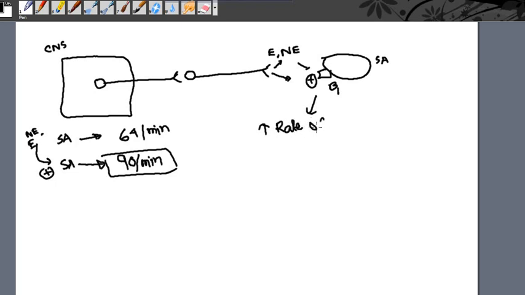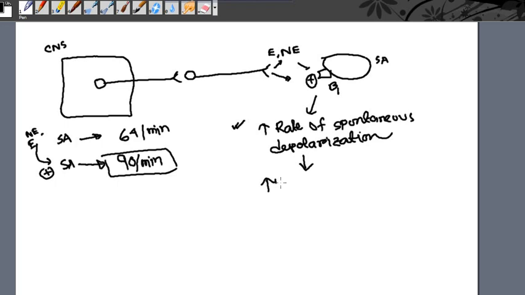Spontaneous is an important word because the SA node undergoes spontaneous depolarization. So epinephrine and norepinephrine, by stimulating the beta 1 receptor, increase the rate of spontaneous depolarization. And when there is an increased rate of spontaneous depolarization in the SA node, this leads to an increase in heart rate, right?